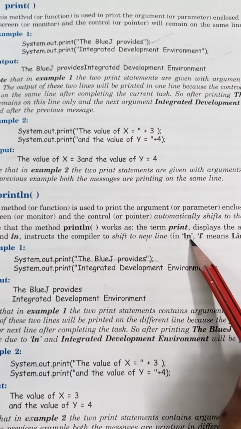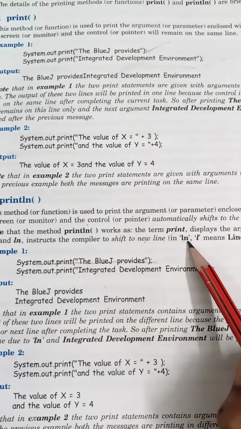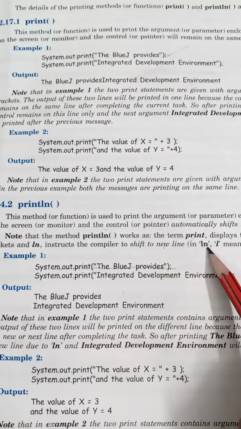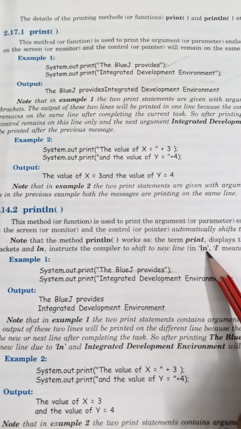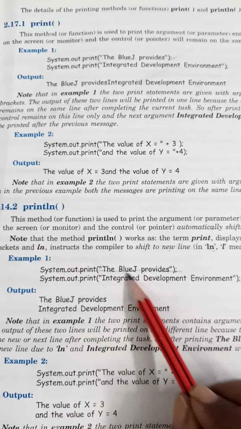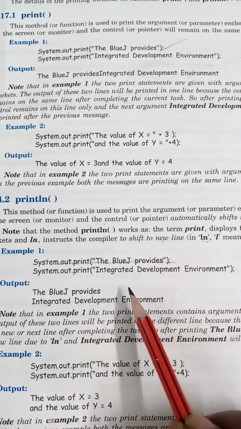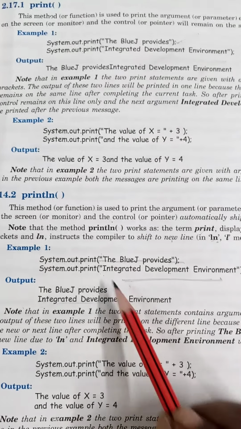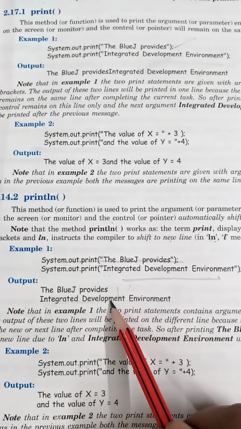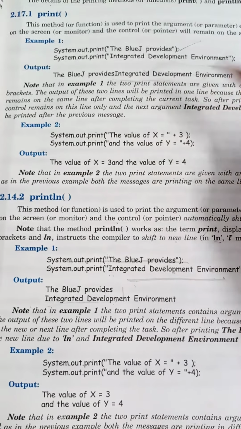With the help of ln, your pointer, or control, will automatically shift to the next line. Then the next message will be printed. So you will get output on separate lines if you are using ln, and if you are not using ln, you will get output on the same line.